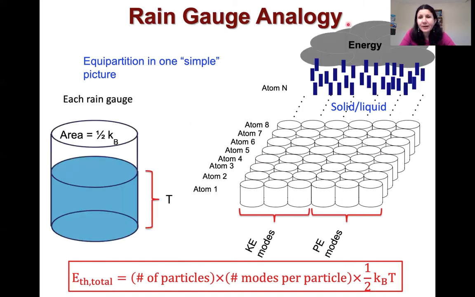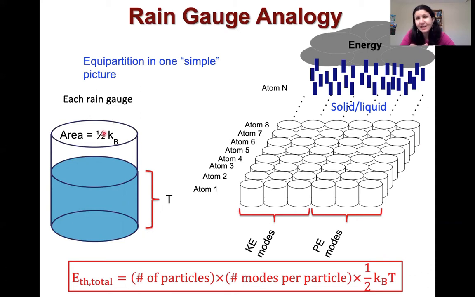Again, you can think about energy analogously as this rain which is coming down, and each bucket fills up with that same amount of rain, which is given by this factor. You can think about the area of the bucket as being 1/2 kB, which is this constant.